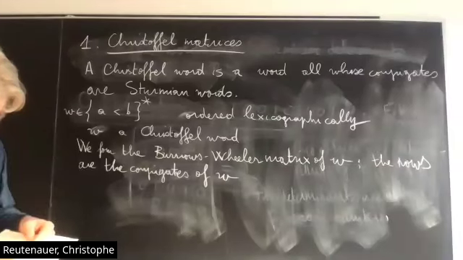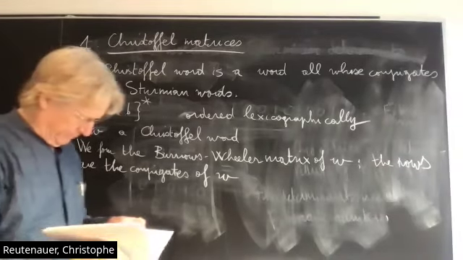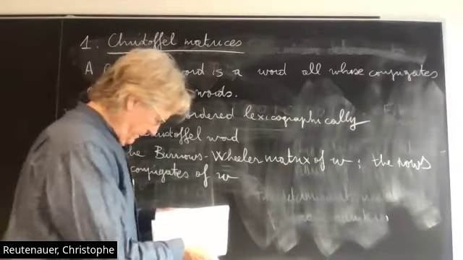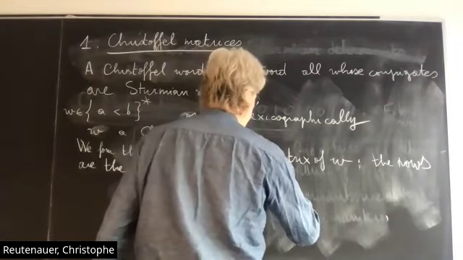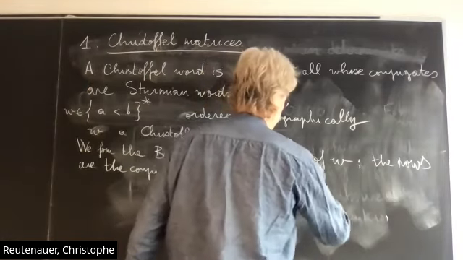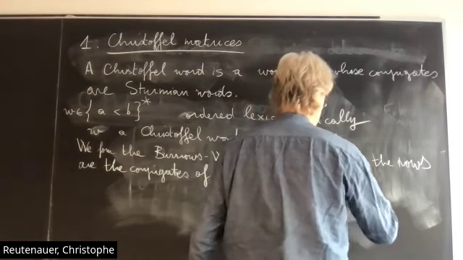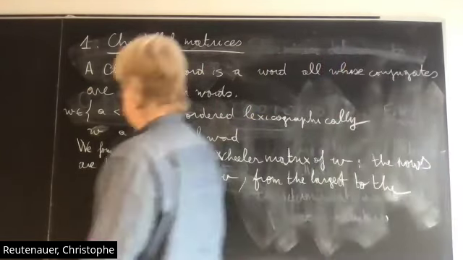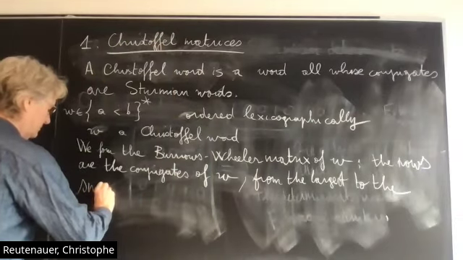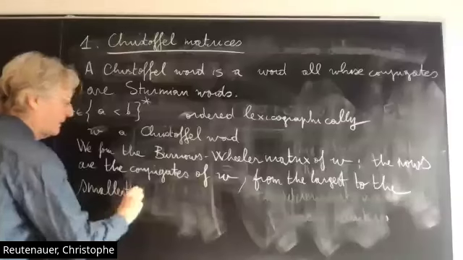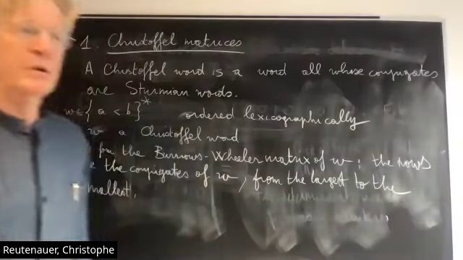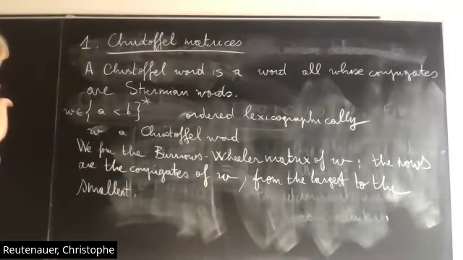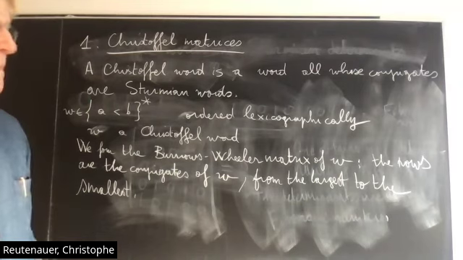I changed this for some reason, from the largest to the smallest. The largest is the upper row, and the smallest is the lower row.